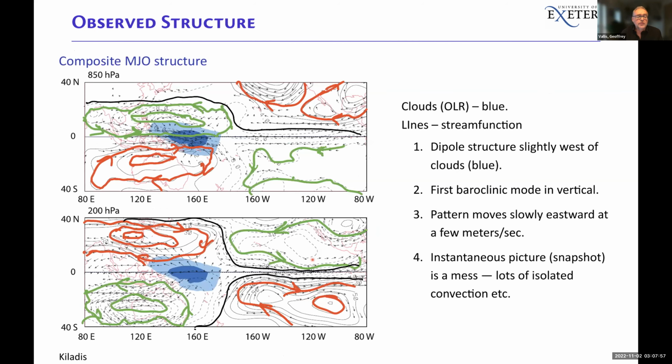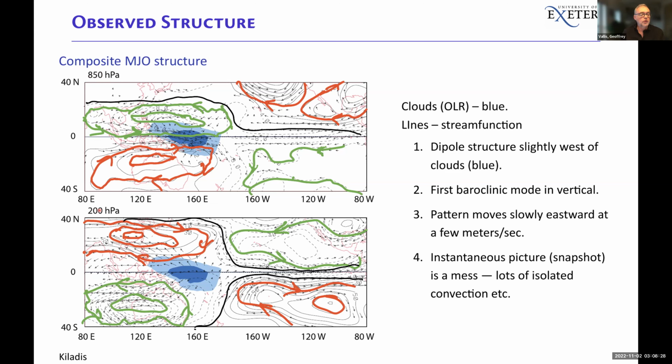Well, we start to get some hints of what might be going on and what makes the east-west asymmetry by looking at the composite structure, which you can see here. This is the structure from many MJOs which have been patched together. The top plot shows the geopotential height at 850 hectopascals, which is near the surface.